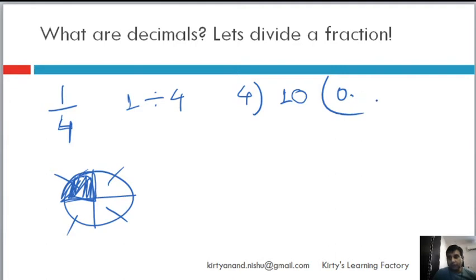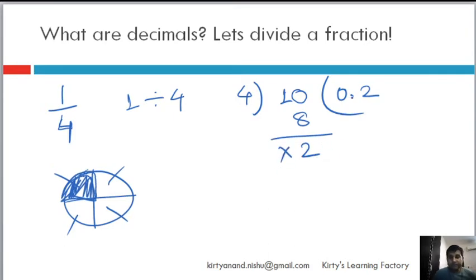Now we will go on the right side of the decimal and start to divide. Now 10 is divisible by 4, right? 4 2s are 8. 2 is the remainder.